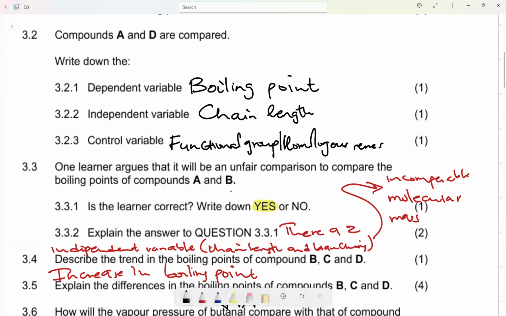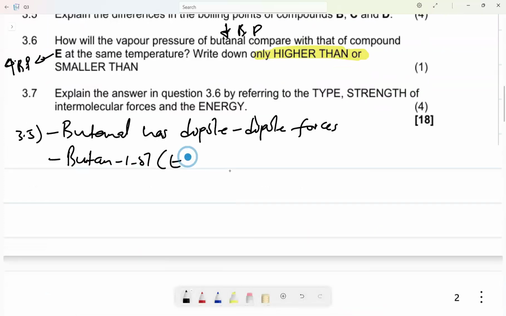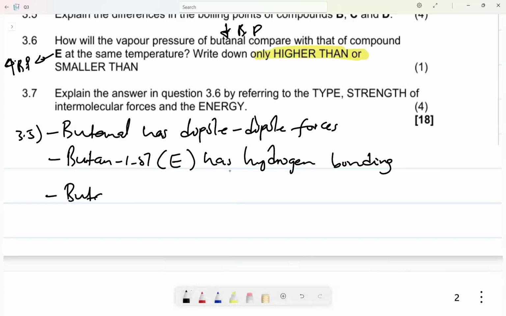Yes. E has hydrogen bonding. You do not need to say one side of hydrogen bonding because you are not comparing carboxylic acid to alcohol. Therefore, you know that E has the strongest intermolecular force.